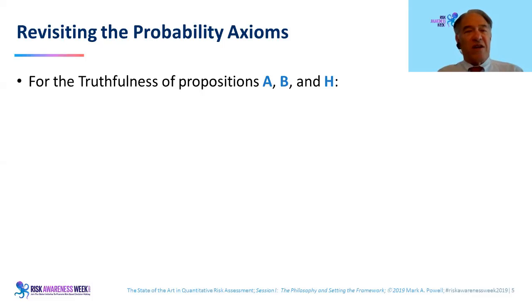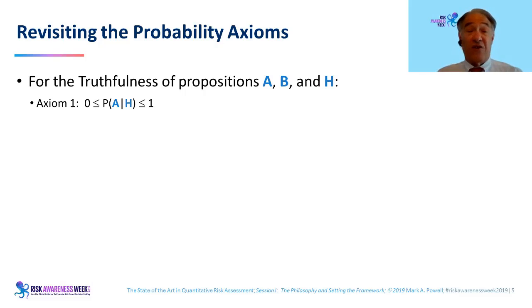To start with, let's revisit the probability axioms. They're really quite simple. There are 4, and we're always looking at propositions A and B, and I'm going to throw in something here, H. I talked about this earlier in the first session: there's always conditional information involved any time we have a probability. Axiom 1 is simply that probability ranges between 0 and 1.